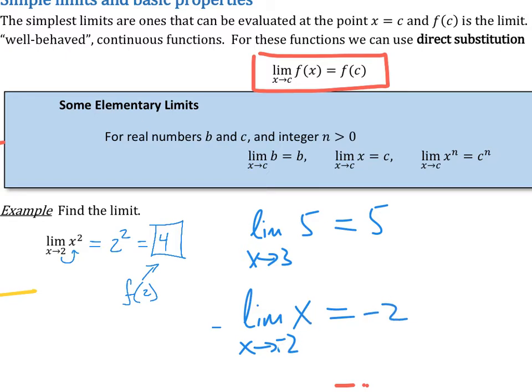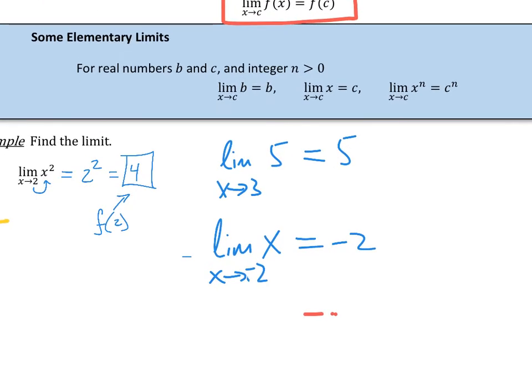If we're talking about a power, x to some power, where n is an integer, well, we know the graph of x to the n, or let's say x to the 5th. Let's go a little simpler: the limit as x goes to -1 of x to the 4th.